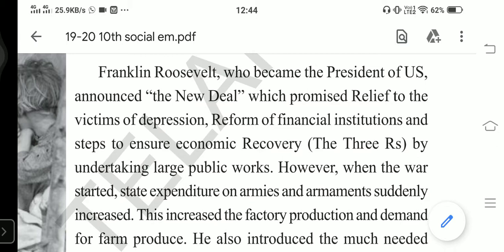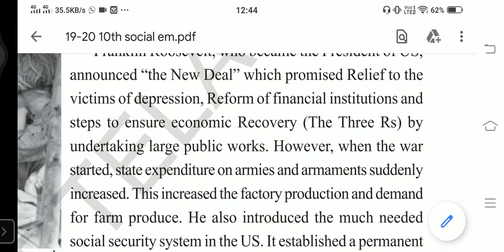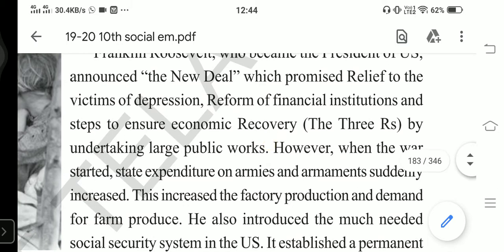The nations which suffered with the Great Depression, the nations which turned into victims of the Great Depression, should be given relief from the depression. That means some financial support should be given, and reforms of the financial institutions. Whatever institutions are running in the economic system, they should bring certain reforms to recover the economy.